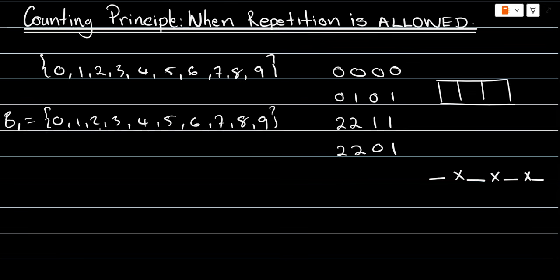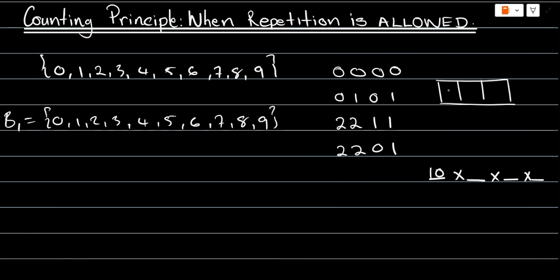In this bucket, we can choose any number to put over there. How many numbers can we choose from? We have 1, 2, 3, 4, 5, 6, 7, 8, 9, 10. We have 10 choices, meaning 10 options to choose from. So that is our first choice count, the ways of performing task 1, which is choosing the first digit of the password.